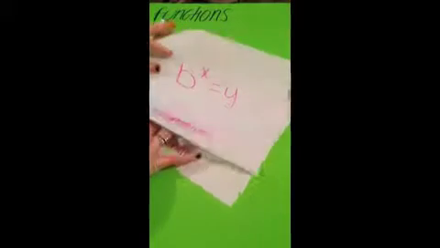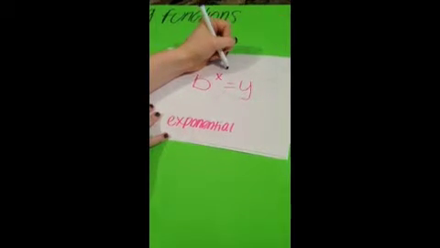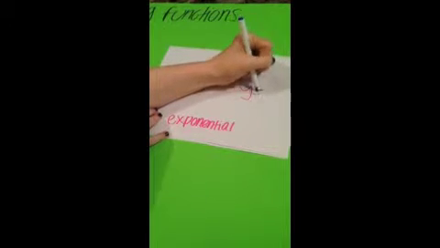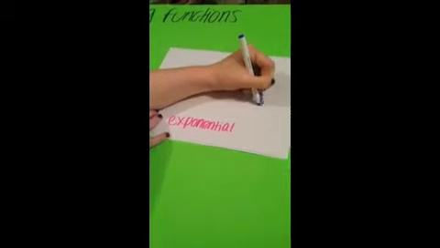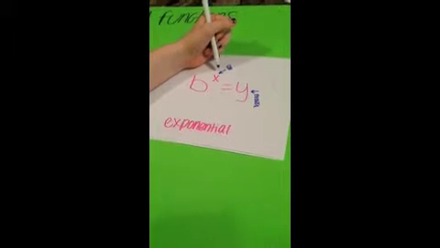Okay. Now, right here is the exponential equation. And as you can see before, here's the cat, and here's the mouse. Now you see they've switched, but the base stays the same. So, same base.